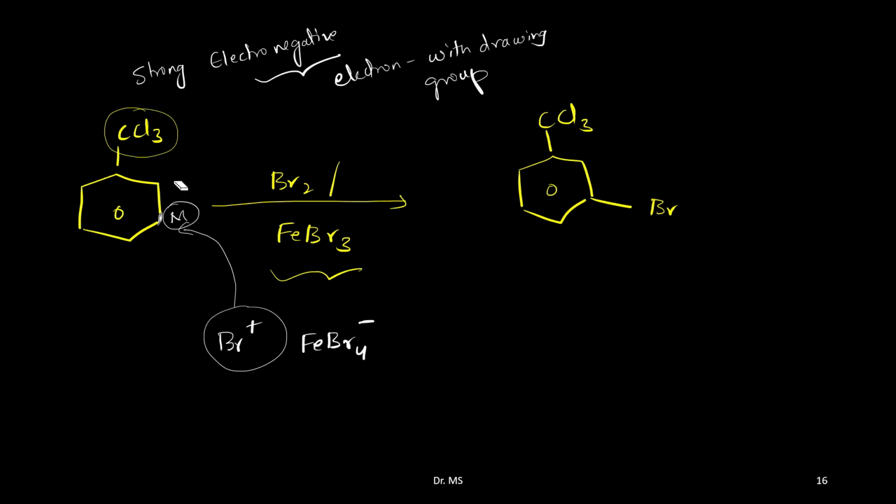But it attaches on the meta position because the ring is much less reactive. So that's why the bromine is going and attaching on the meta position. Why the meta position is more preferred for the less reactive ring, that is a very big reason, and you don't need to remember all that.